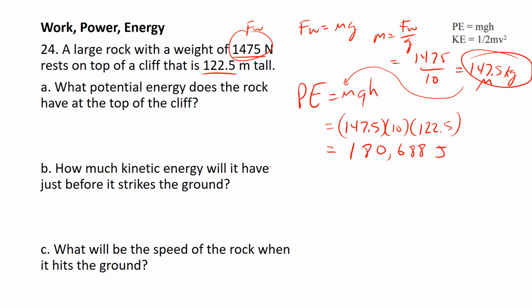Okay, so how much energy will it have when it strikes the ground? Well, this potential energy right here will end up being the final kinetic energy, so we write KE final.